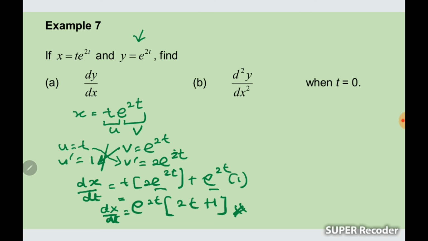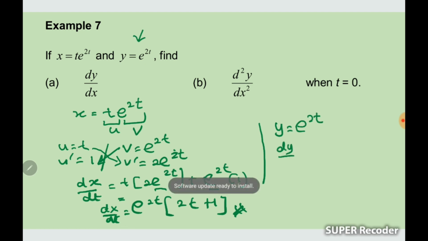Now we will find dy/dt. If y equals e to the power of 2t, dy/dt equals 2e^(2t).